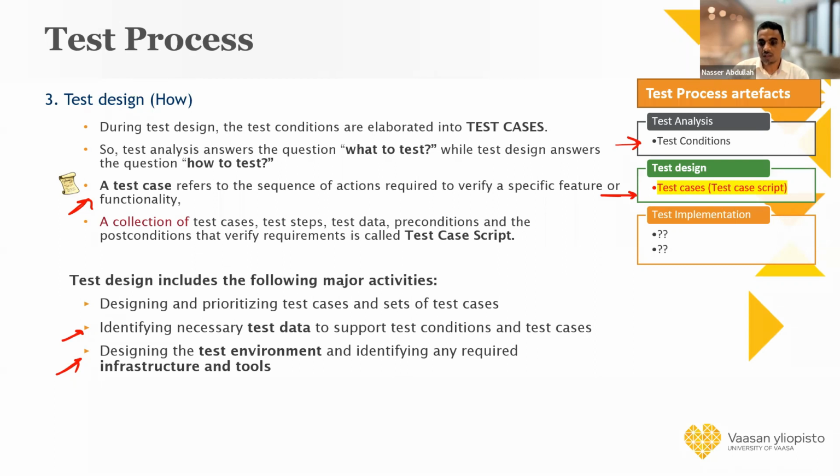As I mentioned, for the username, I will check it by keying in a valid and then an invalid password or username. So this is the test case. For example, the first test case: key in or verify with a valid password. The second one: verify with an invalid password. This is another test case.